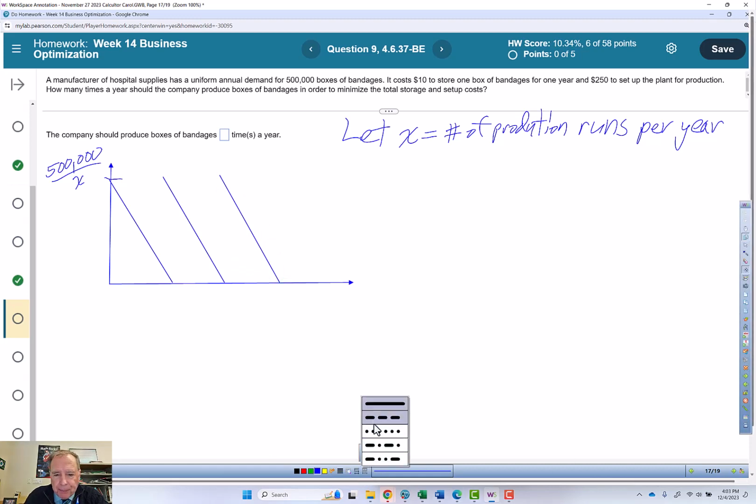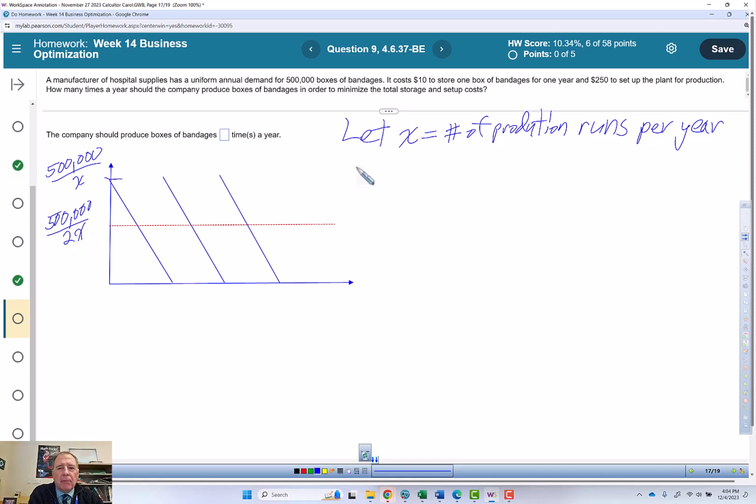And then our average inventory is going to be half of that. So that's average inventory is what's going to cost us $10 a box. So that's going to be 500,000 over 2x.